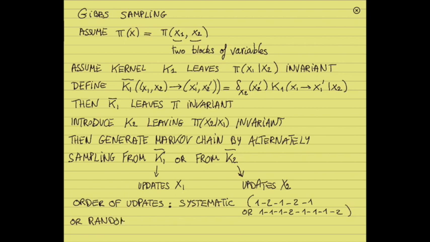Or we can employ a random order. When we employ a random order, we flip a coin to decide which block to update, and we can use equal frequencies or not. And so this is just Gibbs sampling for 2 blocks, but it's easily generalized to arbitrary numbers of blocks.